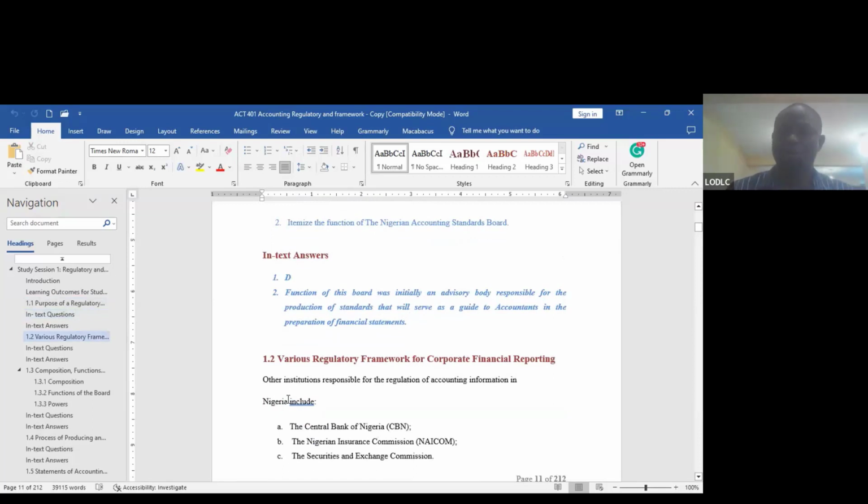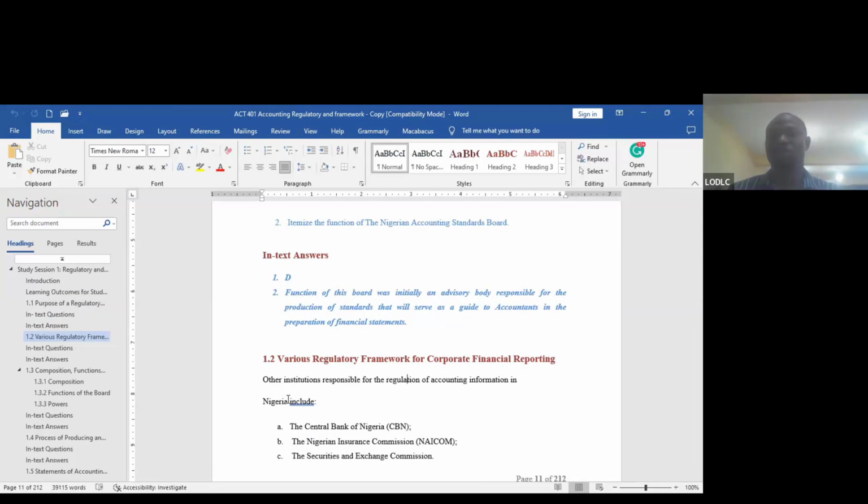Now, the various regulatory frameworks for corporate financial reporting. You know, I'm going to be a little bit different from what is inside this, because the main reason is that we are talking about international accounting standard now. We are not talking about Nigerian accounting standard. Do you understand?